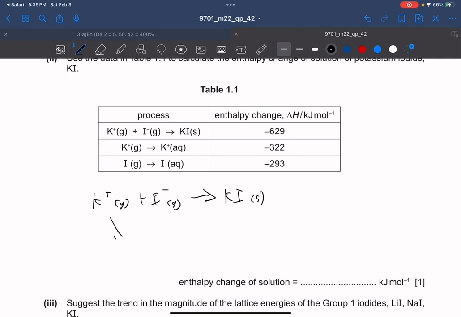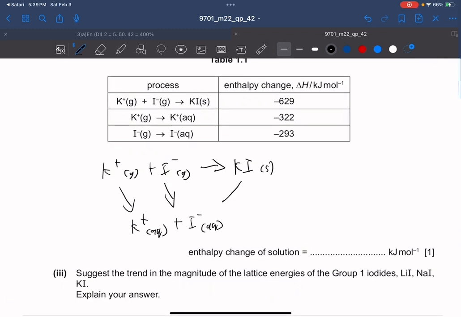And then here we can write out the ions. So here we're actually gonna have our delta H of solution because it's from solid to the aqueous state.